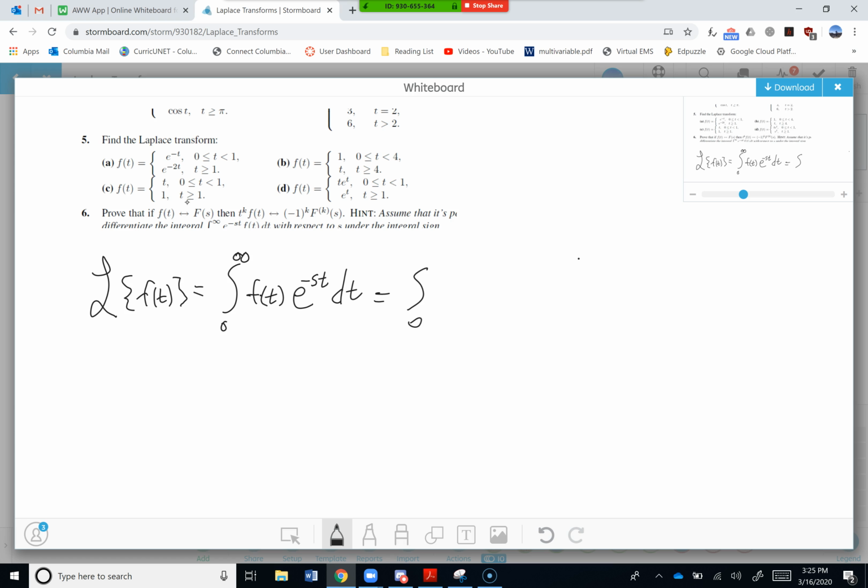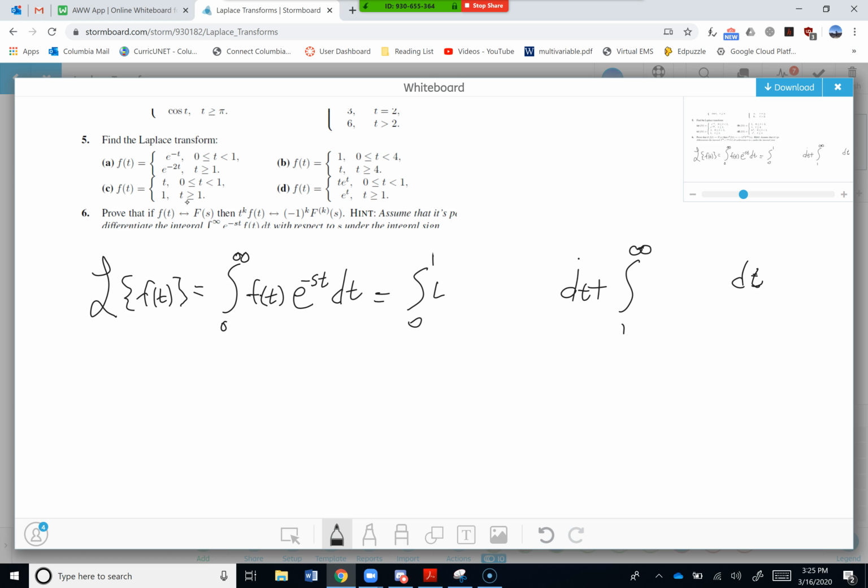It's an integral from 0 to 1 and also an integral from 1 to infinity. Okay, cool? Yeah. All right, so that first integral, what am I integrating in there?